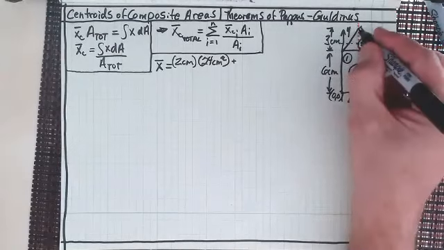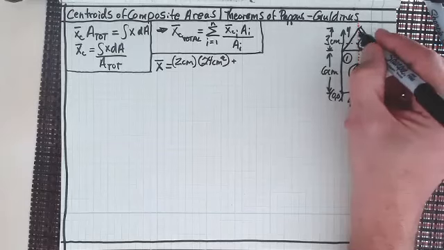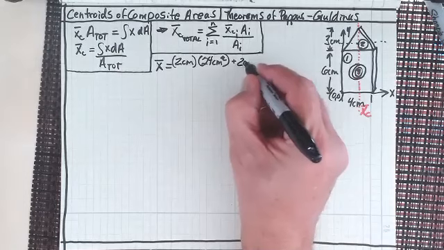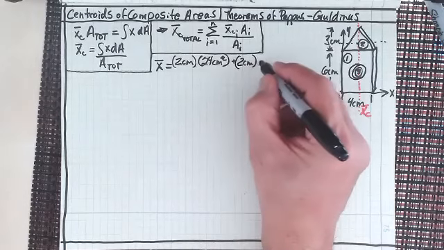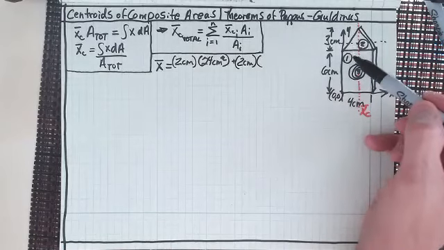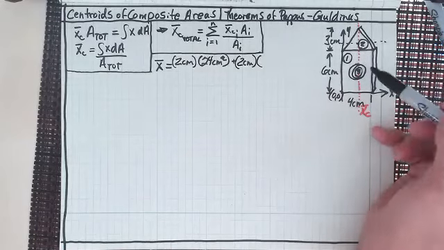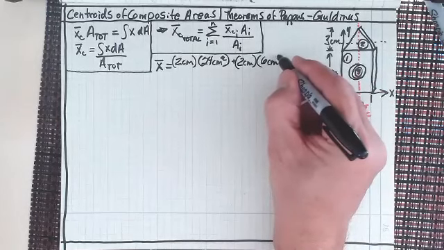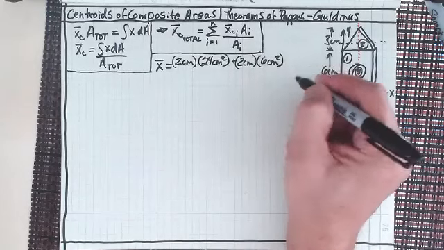But right now, as far as x goes, isn't this symmetrical about that? So the centroid in the x direction has to lie along that line. So again, we've got 2 centimeters, right? And now the triangle, which is going to be 3 by 4, that's 12 divided by 2 is 6. So 6 square centimeters, right?